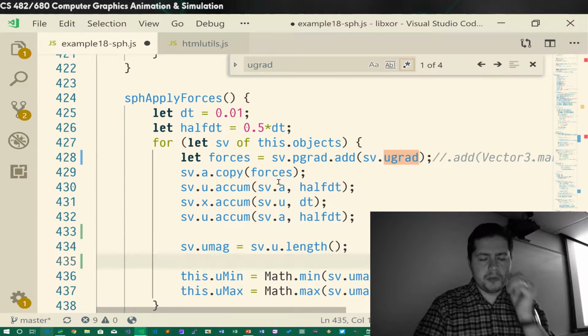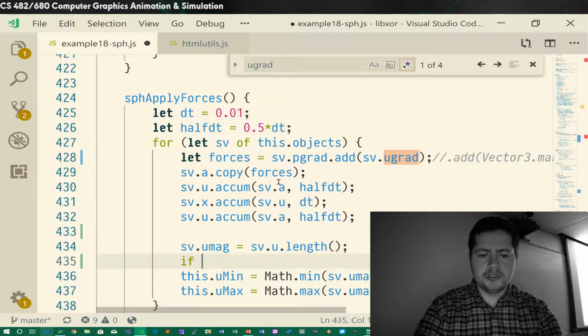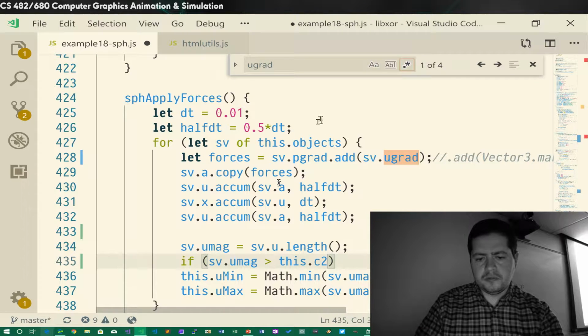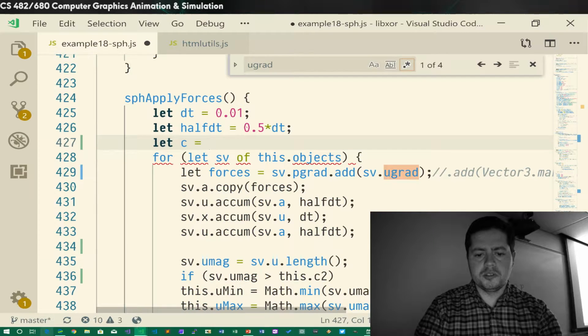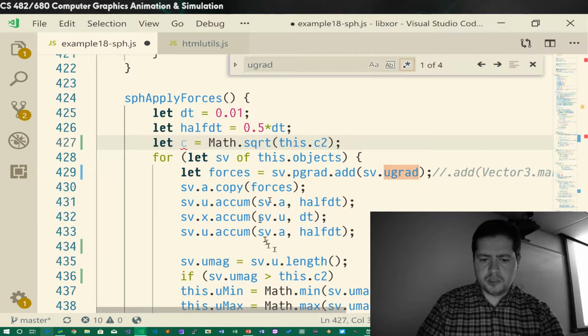Okay, so if SV dot U mag is greater than this dot C, so we need to let C equal math dot square root this dot C2.